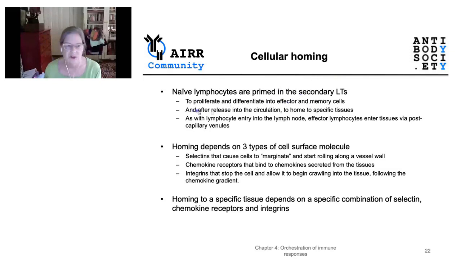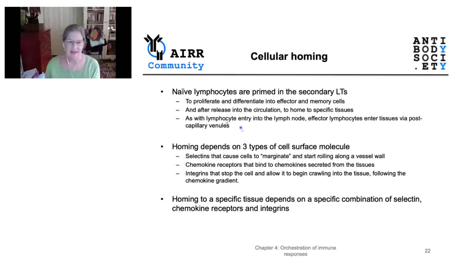Anyway, after release into the circulation from the lymphoid tissues, they will essentially follow the lymphatics back to the right heart, go up into the lungs, come back out of the lungs, and then go out the left heart to out the aorta. And then they're going to be looking to go home wherever they're supposed to home to.